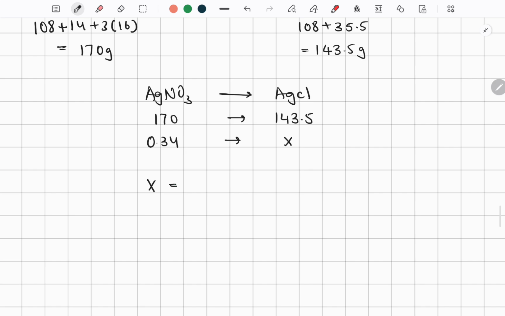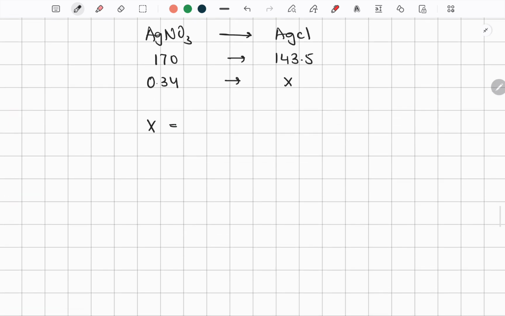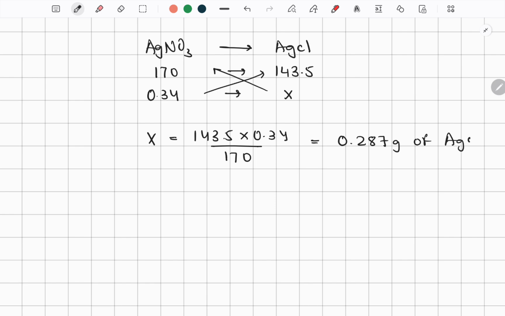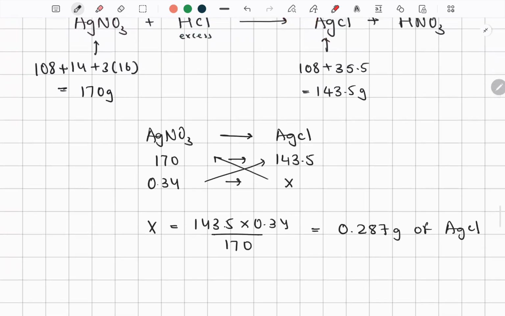So we have to find the value of X. X equals 143.5 into 0.34 divided by 170. When you solve this fraction, the answer is 0.287 gram of AgCl.